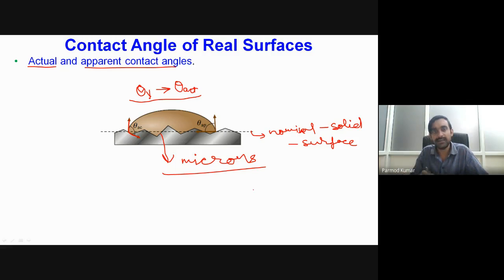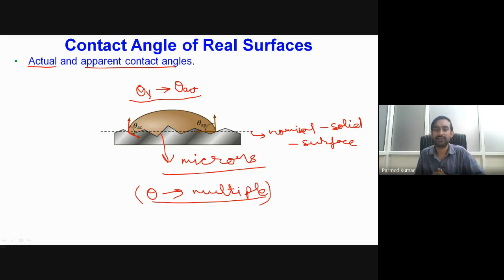If you go for real surfaces, you will find that if we repeat the experiment multiple times without changing the type of liquid and the experimental conditions, instead of getting a single value of contact angle, we will get multiple values of apparent contact angles, a range of contact angles.